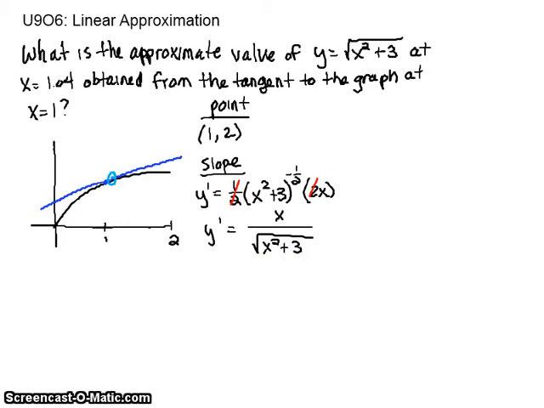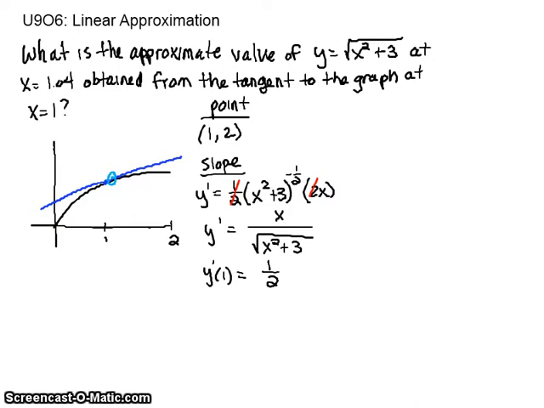Now we want the slope at the point (1, 2), so we plug that value 1 in, so we know y prime of 1 is going to be 1 over 2, so 1/2. And now we can build the equation of our tangent line.